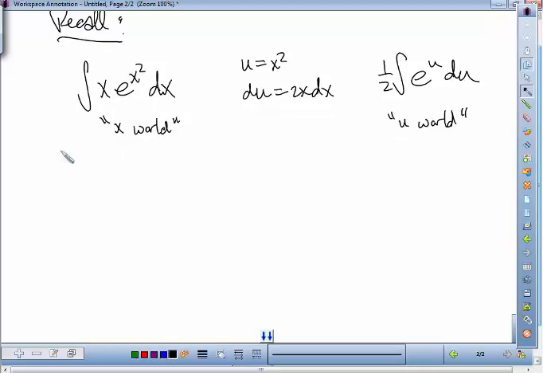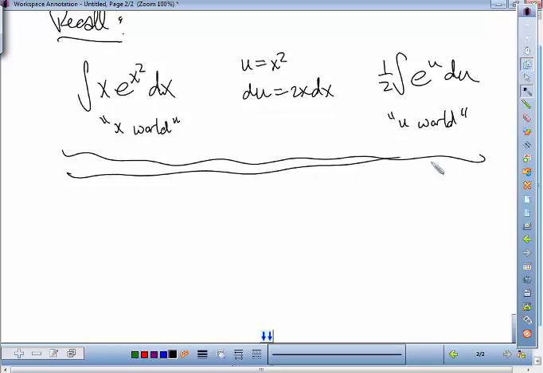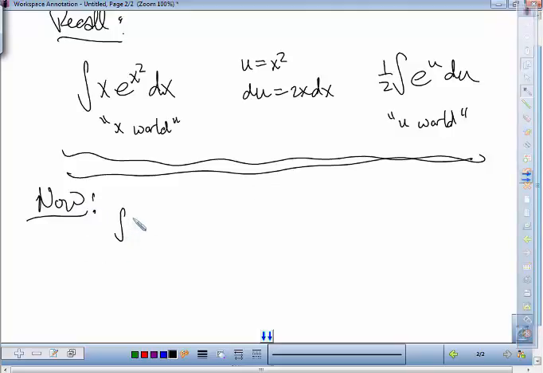So where we are currently is we're in a Cartesian world where things look a little bit difficult to deal with.